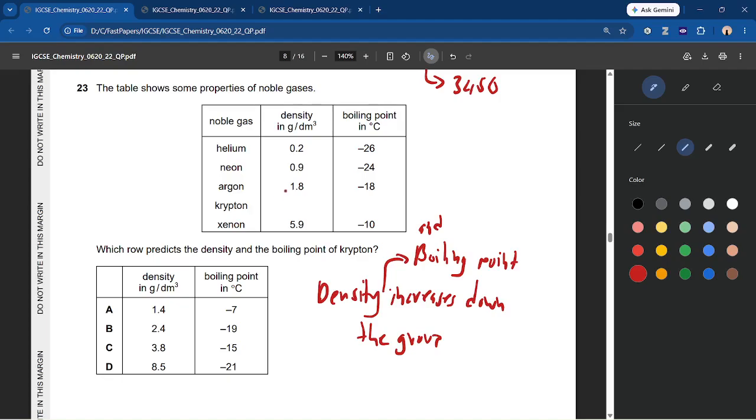So we need something greater than 1.8 but less than 5.9, and something greater than minus 18 but less than 10. So let's see. This doesn't fit, this doesn't fit, and this doesn't fit either. Just looking at the boiling point, that means this is going to be our answer. So this one is out, out, and out.